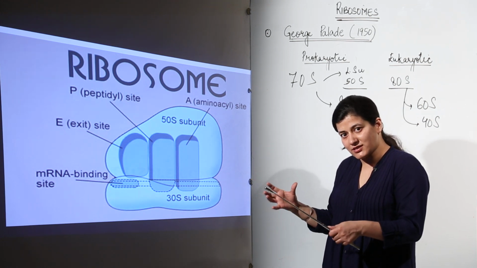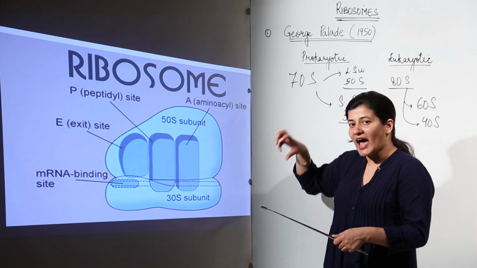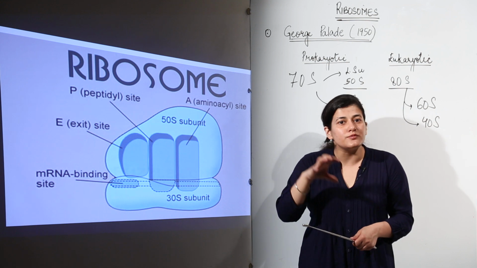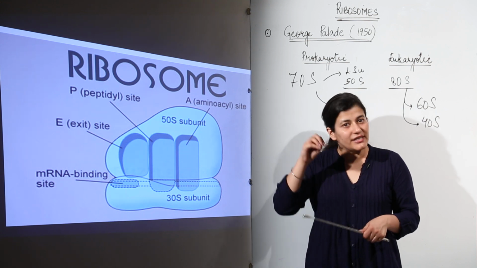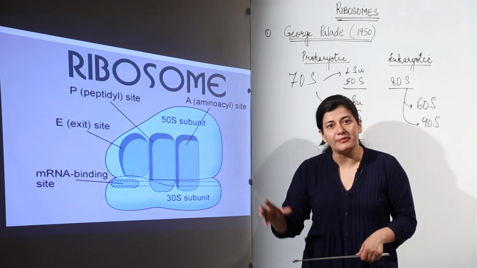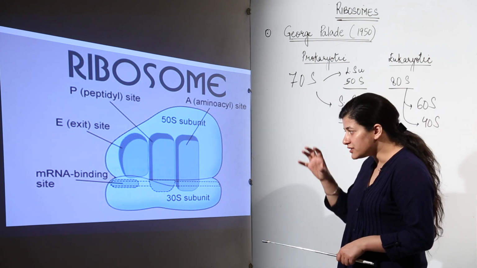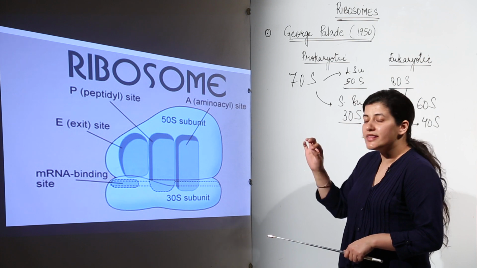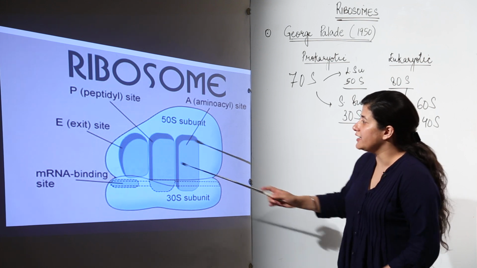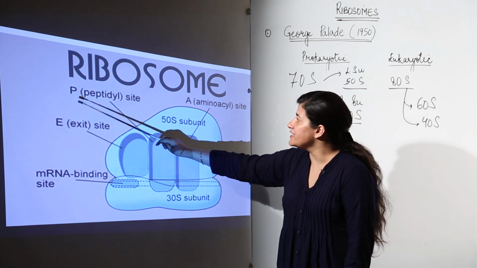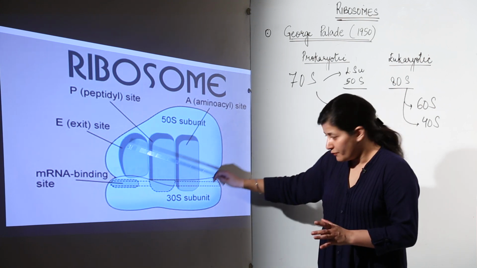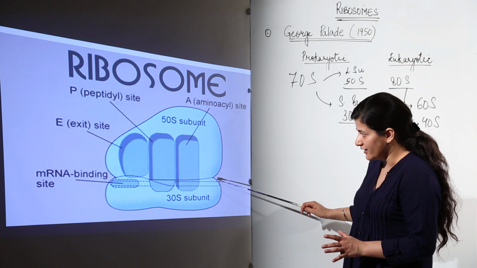The apparatus of protein synthesis has ribosomes in it, and those ribosomes have specific sites where different types of RNAs come and attach themselves so that a polypeptide is formed. You need not get into the details, but all you have to remember is what the sites are. First of all, it has an E site, a P site, and an A site. This is a prokaryotic ribosome that they have shown.